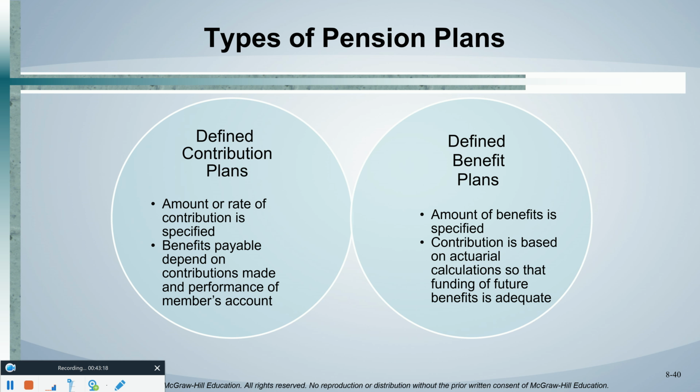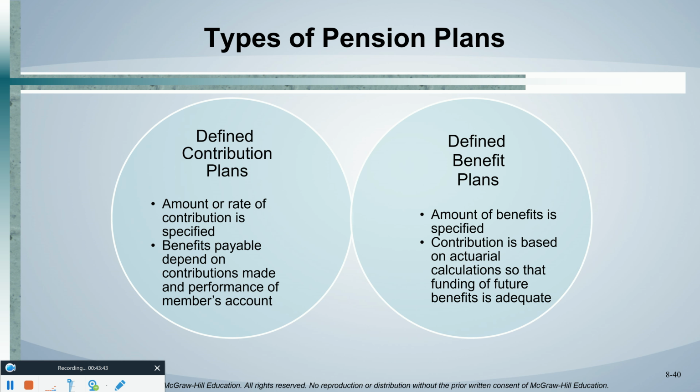Now the difference is this: with the defined contribution plan, the management responsibility is on the shoulders of the employee. That's you if you have a 401k plan. Versus a defined benefit plan, the financial responsibility to manage the funds is on the shoulders of the employer, in this case, the government.